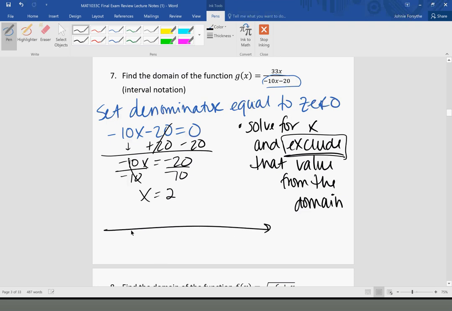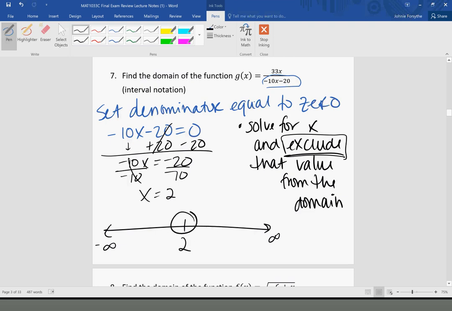So if we look at that on a number line, what would that look like? Let's say we've got a number line, and here's the number 2. And so we have infinity, negative infinity, and then we've got 2 in the middle. So the domain is everything on that number line except 2.